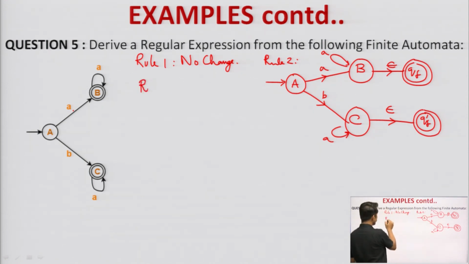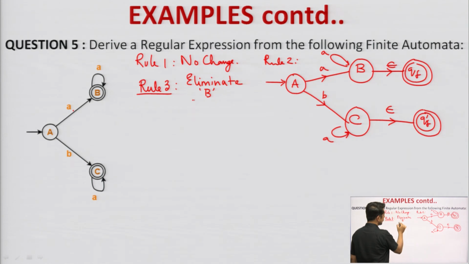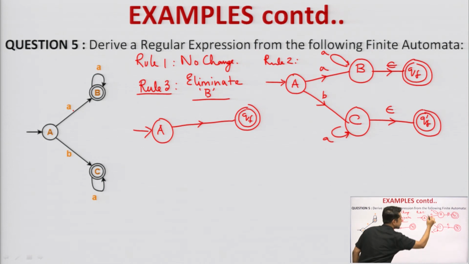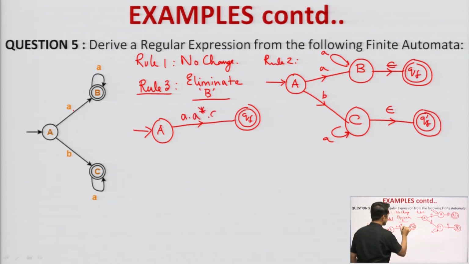Now, go back to rule number 3. Rule number 3 says to try to eliminate other states one by one. So, if we eliminate B first, I will be left with the last particular concept which I will let you know. Then A will have a direct connection with Q f, and this transition will give you A dot a to the power star dot epsilon.